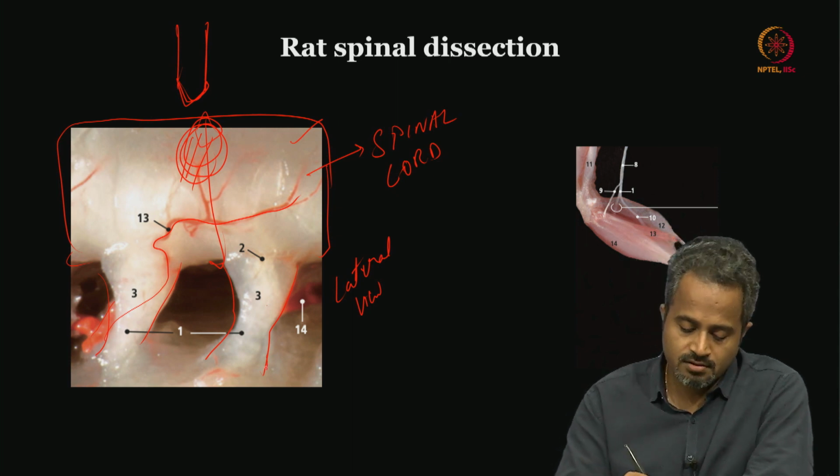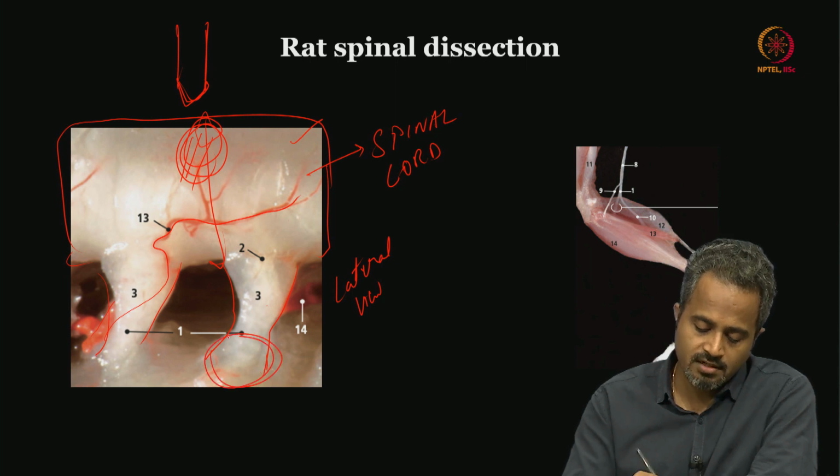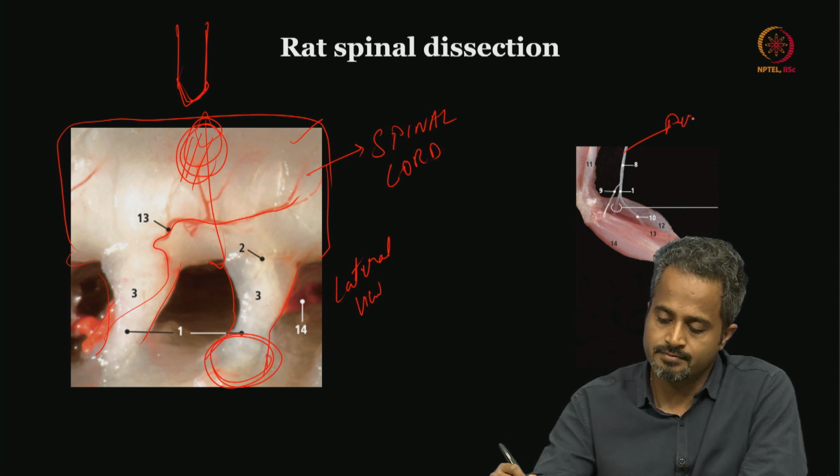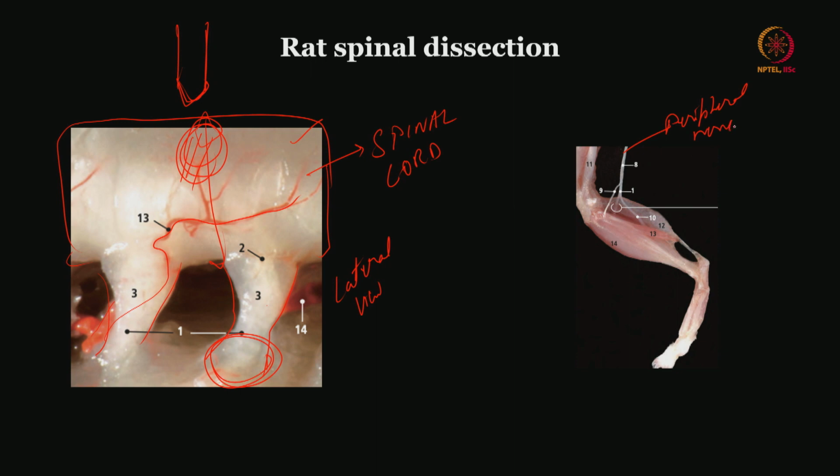These roots exit through what is known as the intervertebral foramen, and then it becomes the peripheral nerve here. This peripheral nerve divides further and supplies the muscle belly.